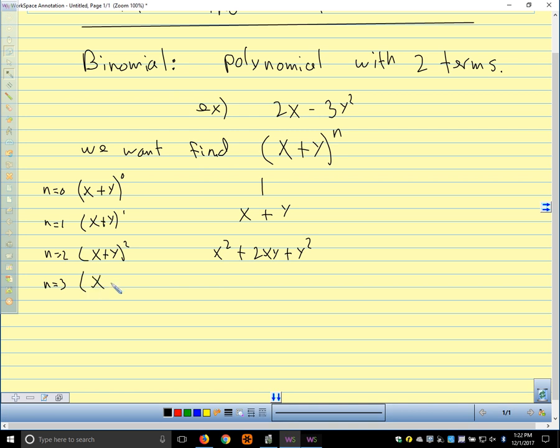Once we hit n equals 3, it gets to be a little more difficult, but we get x cubed plus 3x squared y plus 3xy squared plus y cubed. N equals 4. X plus y to the 4th power. Now multiplying this out by hand would be pretty messy.